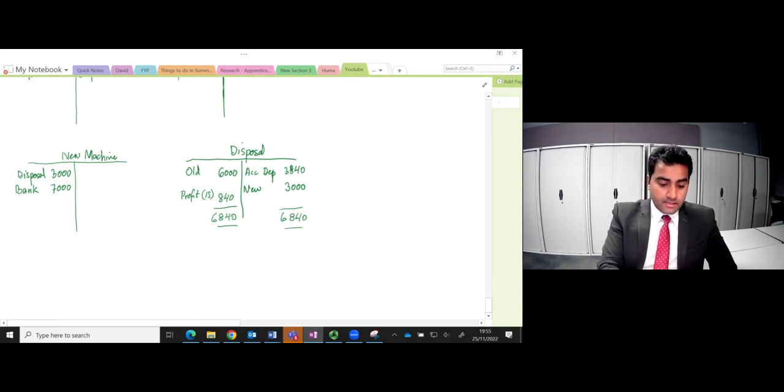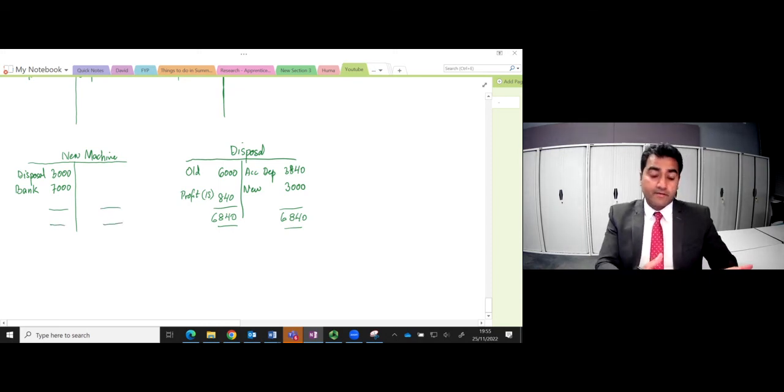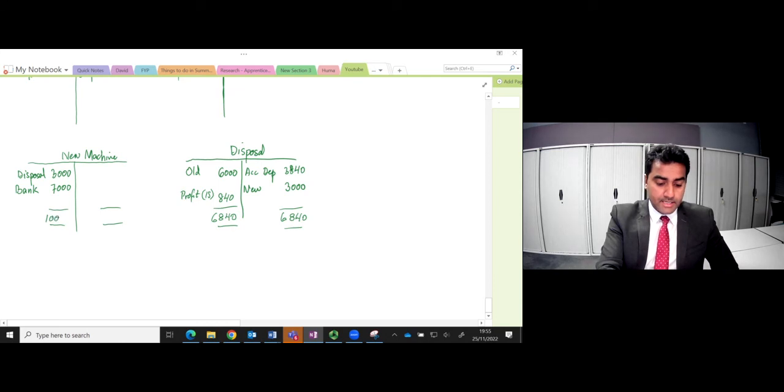On the other hand, I'm going to close my new asset account. The debit side is heavier, as you can see, it is £10,000. I'm going to copy the same figure on this side. And on the credit side, there is no balance, so to balance it, I will record £10,000.